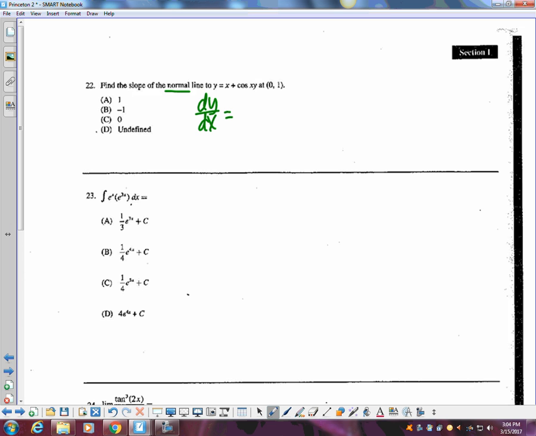Okay, so dy dx equals, there's your 1, plus, oh, nope, minus sine of xy, and then you got to go, x dy dx plus 1y. Okay. Can we plug? Or, I mean, can we plug before we clean? I just think it's easier.